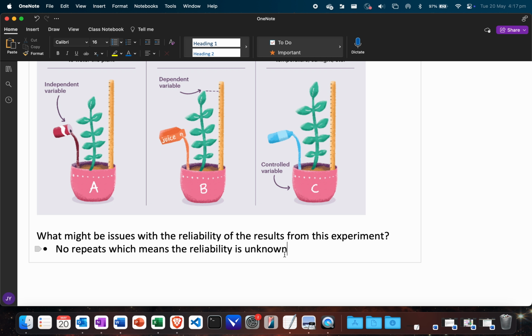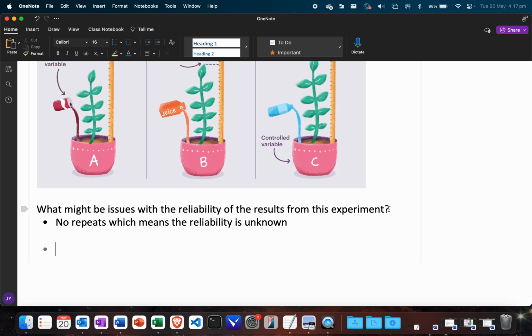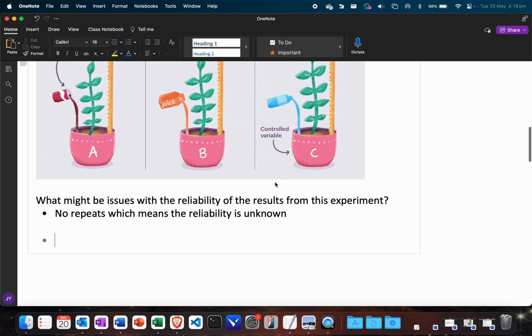But let's say that they did actually do this test multiple times. Let's say they found for this water reading that it was 21 centimeters for the first trial.